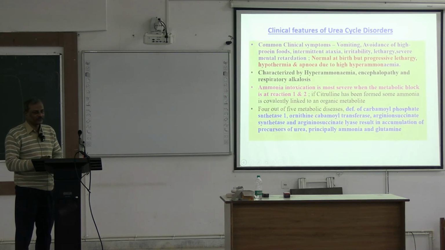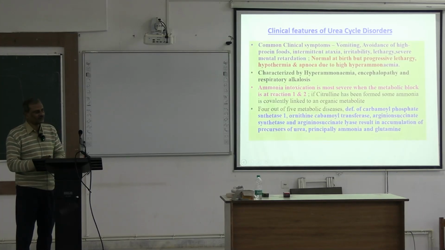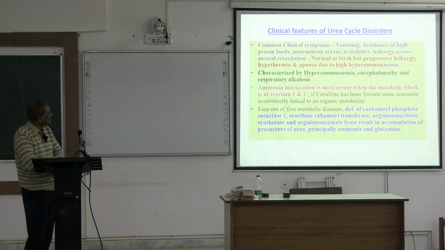Do you get my point? Ammonia is utilized in 2 reactions, so when 2 ammonia have been consumed by the argininosuccinate stage, there will be no excess ammonia. Intoxication is most severe when the metabolic block is at reactions 1 and 2, not in others.